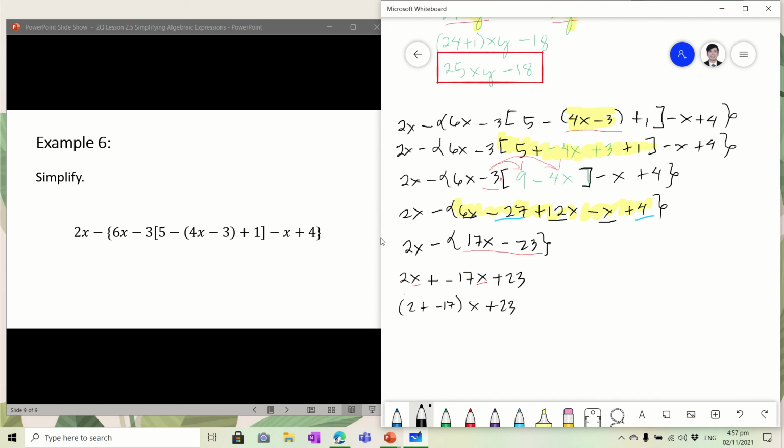They have different signs. So subtract. 17 minus 2 is 15. 17 is greater than a 2. So we follow the sign of negative 17. So negative 15. Negative 15x plus 23. This is now our final answer.